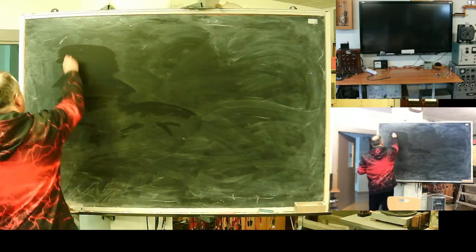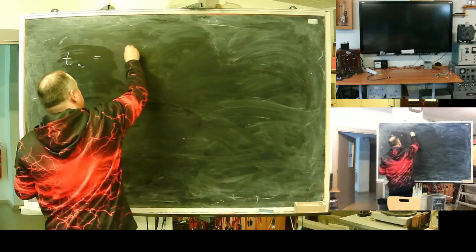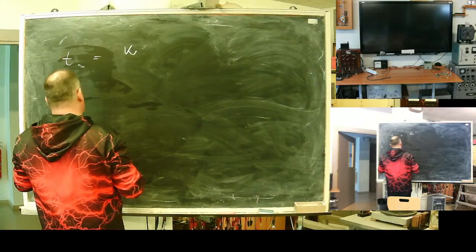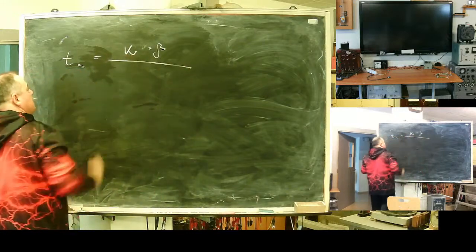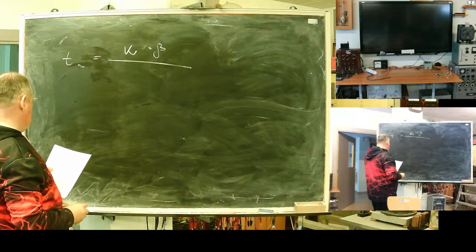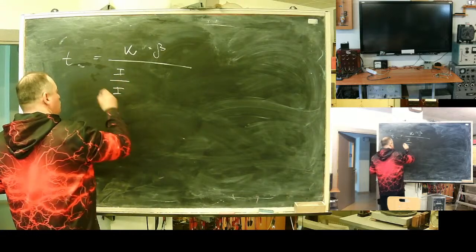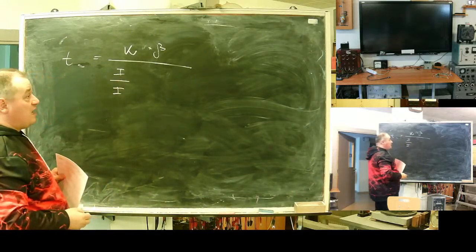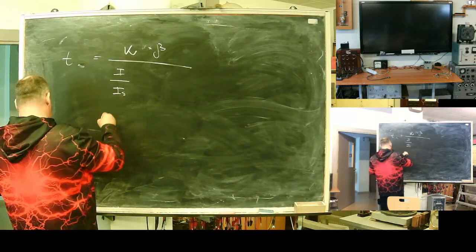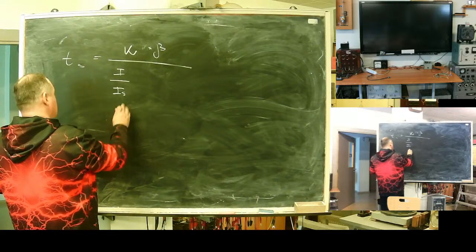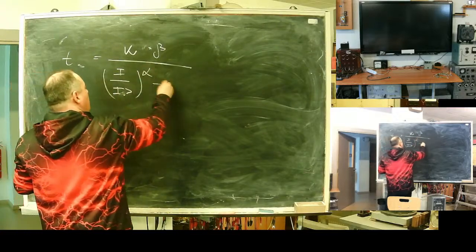The idea: trip time in seconds can be expressed as a time multiplier k multiplied by beta constant, divided by the current related to the set current, to the power of alpha minus 1.